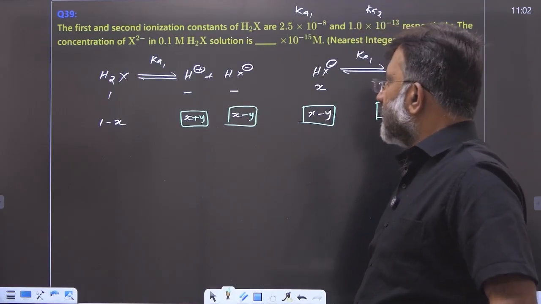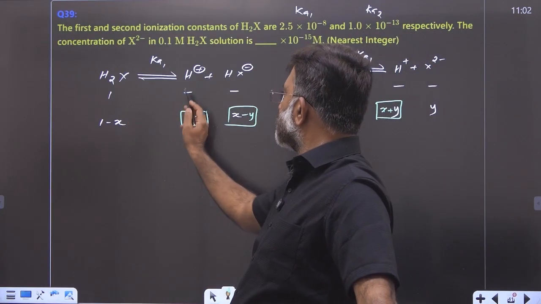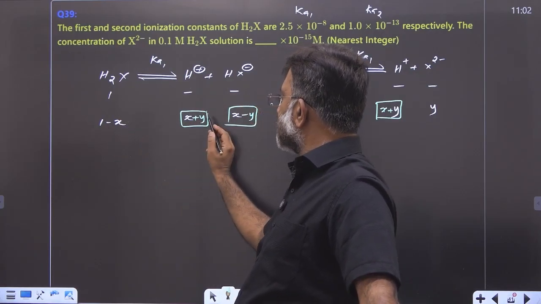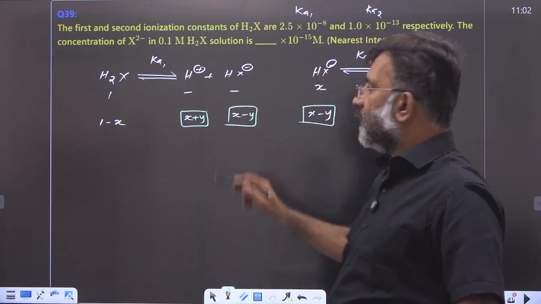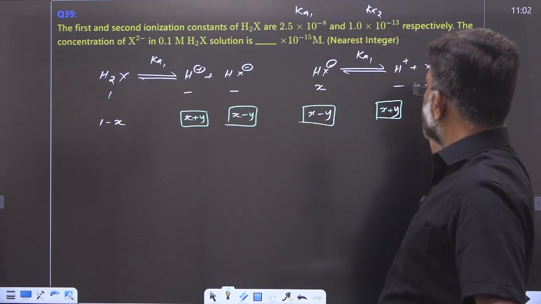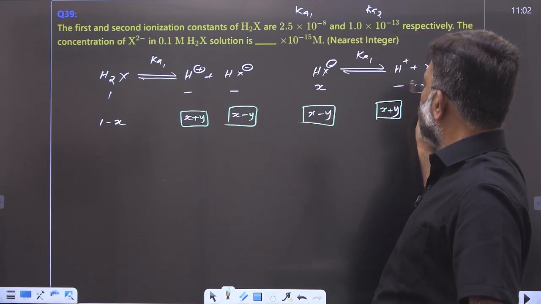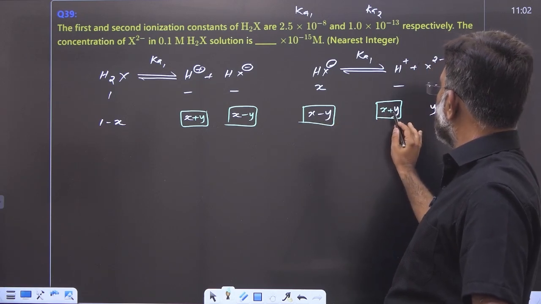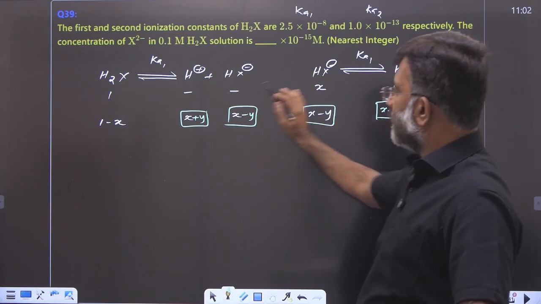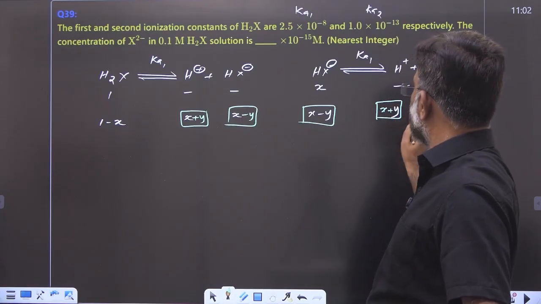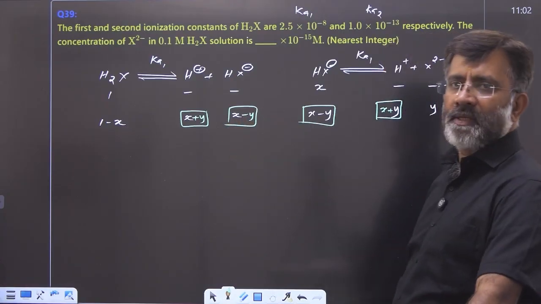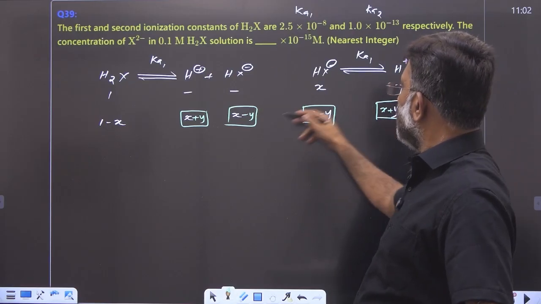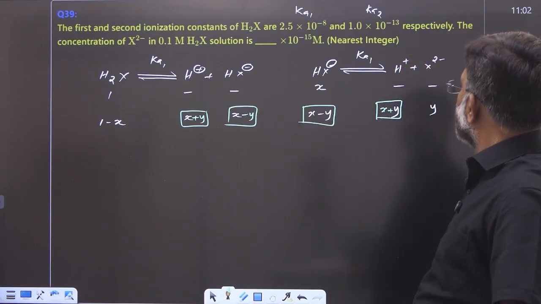Okay, so I repeat, 1 mole here, 0, 0, x converted, you get 1 minus x, x, x. And this x will dissociate further, y quantity dissociated, x minus y, and here it is y, y. Total H plus will be x plus y, and HX minus will be x minus y, right?